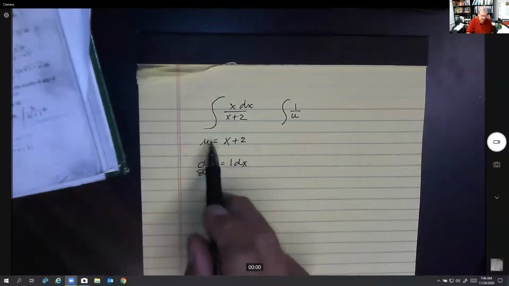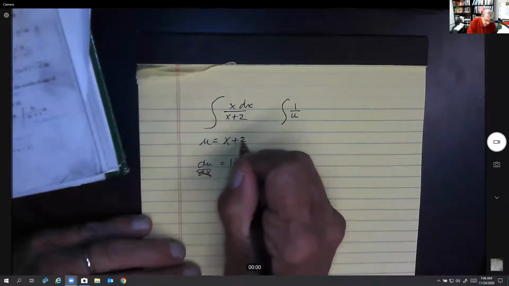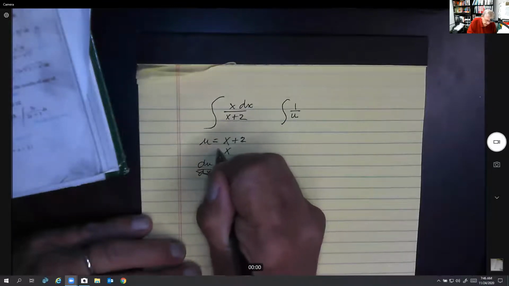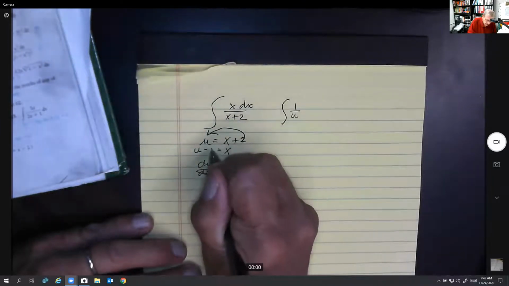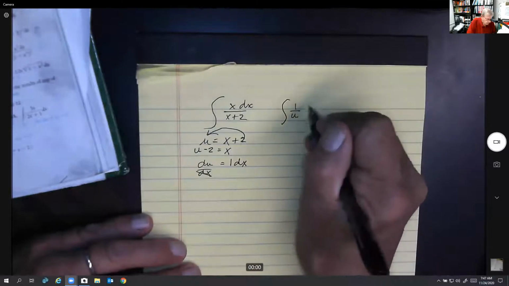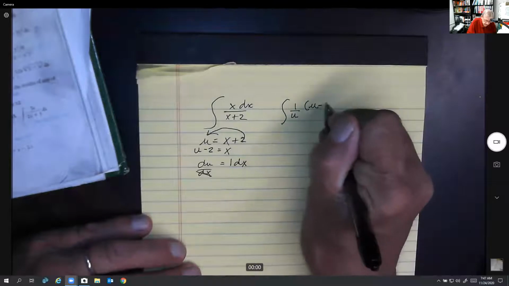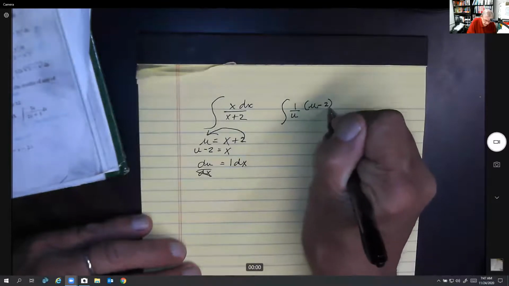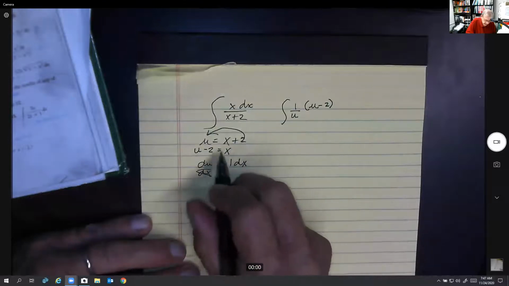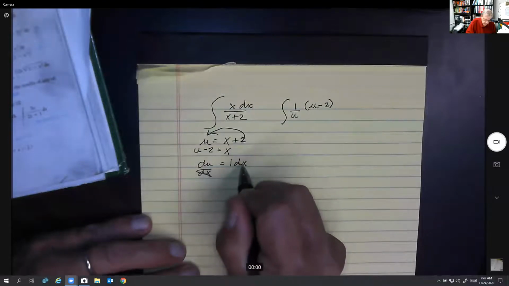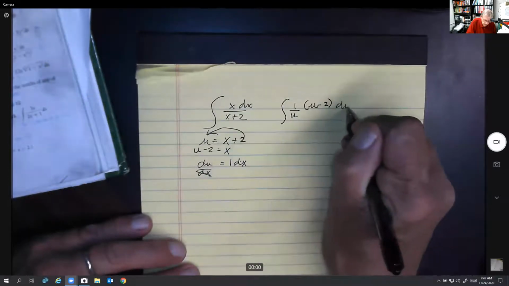So what I'm going to do is look at this part of the problem again. If u equals x plus 2, x would equal, let's bring this 2 over to the other side, u minus 2. So now I'm going to substitute in u minus 2, and in place of dx, I'm going to put du.